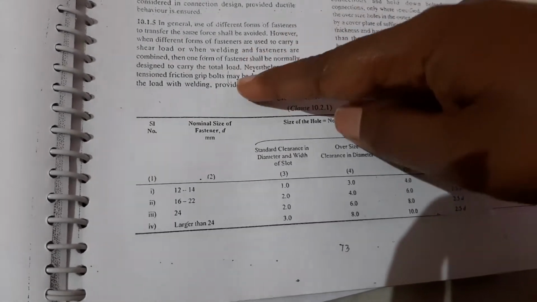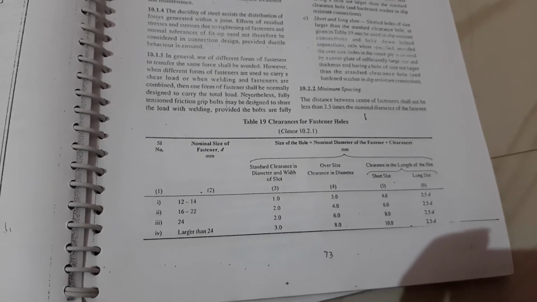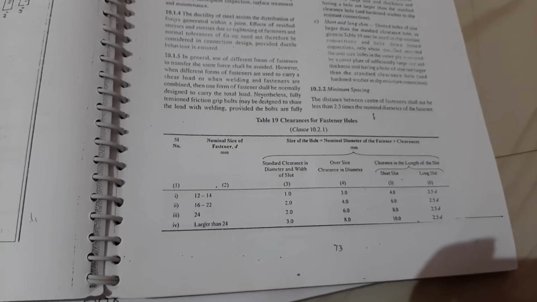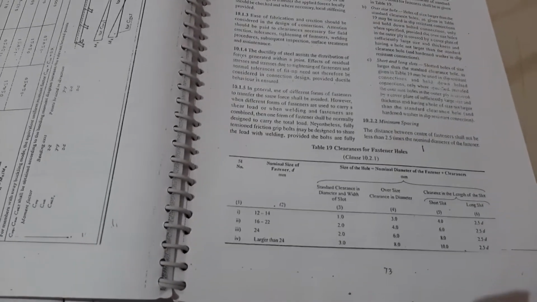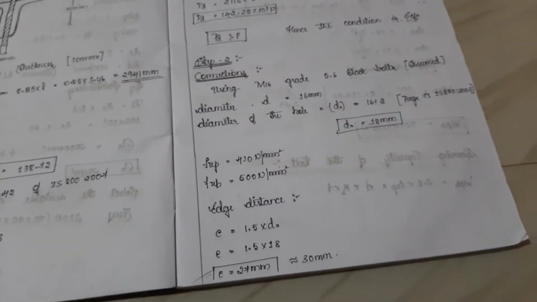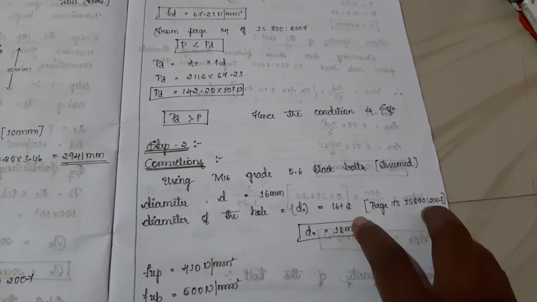Look at page 73: for a nominal fastener size of 12 to 14, the standard clearance is 1 mm; for 16 to 22 you need to add 2 mm; for 24 and larger you need to add 3 mm. Here the bolt diameter is 16 mm, so we add a clearance of 2 mm. So your D0 value will be 18 mm.